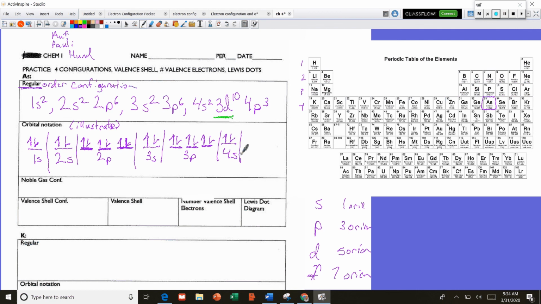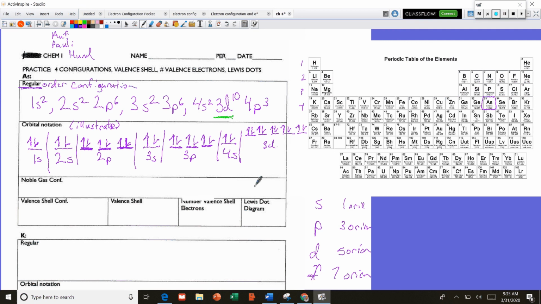and then 3d, and because I'm running out of room, I'm going to do these a little bit smaller. 2, 3, 4, 5. That's my 3d, and it's 10, 2, 3, 4, 5, 6, 7, 8, 9, 10.